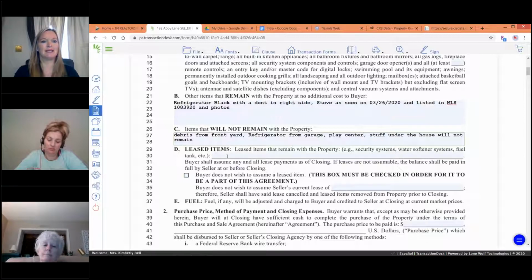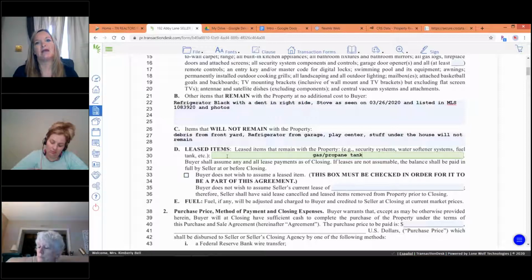Sometimes this is a gas tank. If you are putting a leased item to remain, a gas or propane tank, whether it's leased or owned, you need to negotiate the gas remaining in the tank at the time of contract.